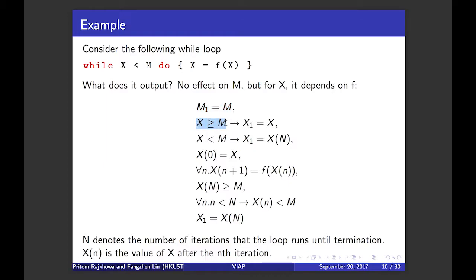So if the loop does not execute, then the value of x remains the same, and if the loop executes, the value of x, the final value after the complete execution of this program, is represented by a function of x_n, where x_n represents the value of x after the nth iteration.